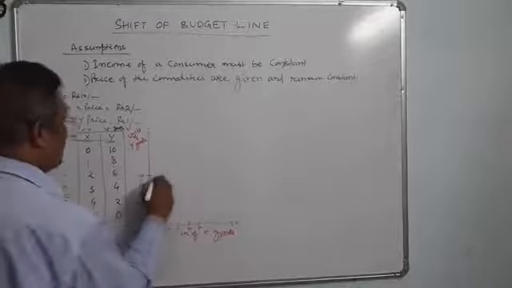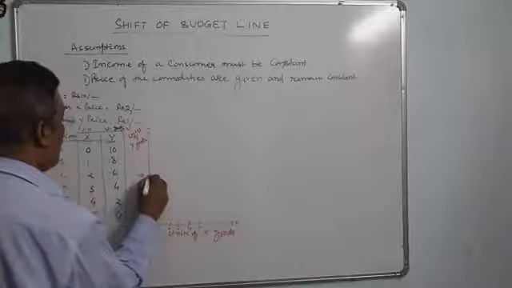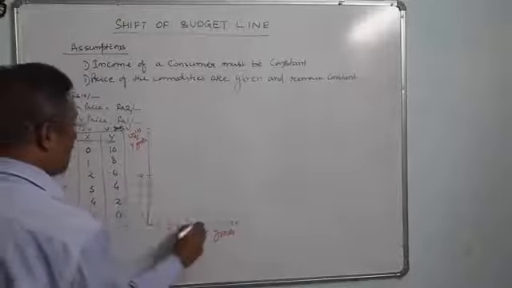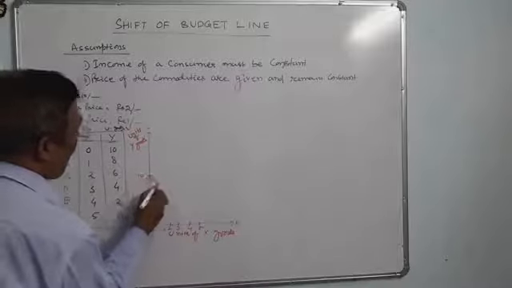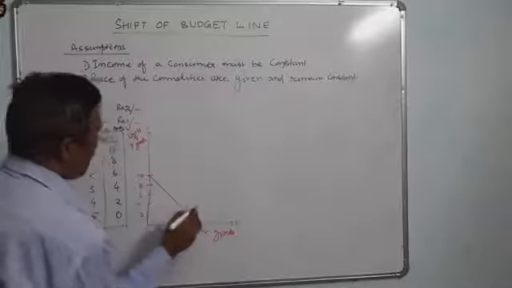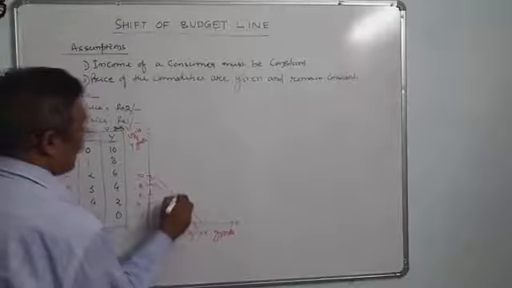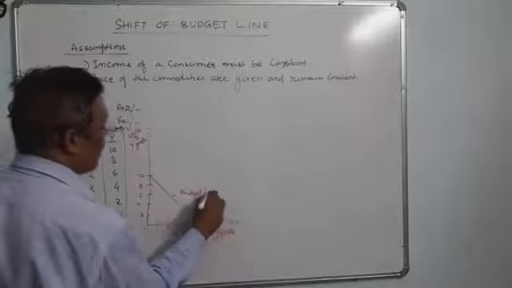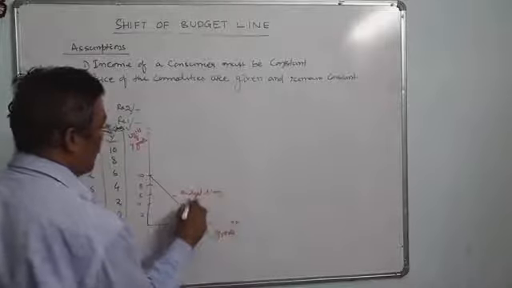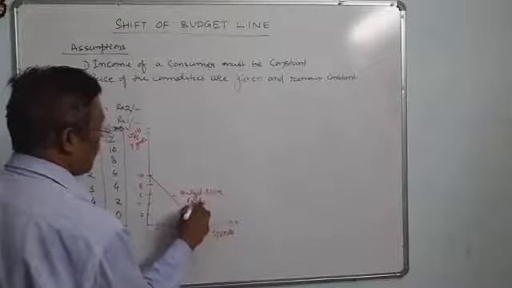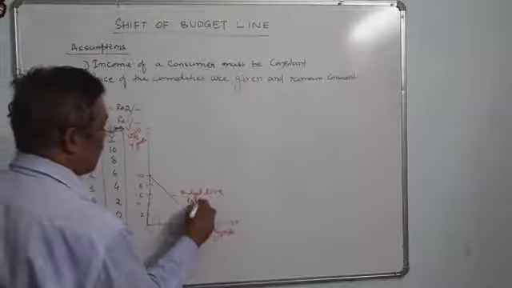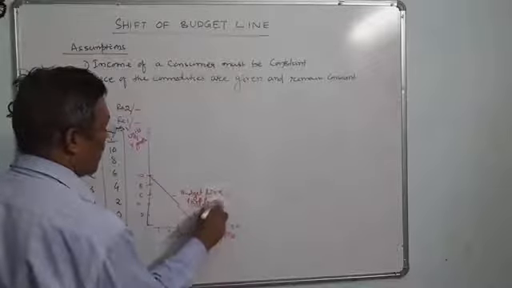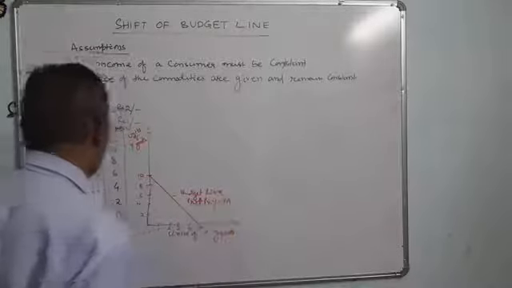We see that budget line, which is Px into X plus Py into Y equals M.